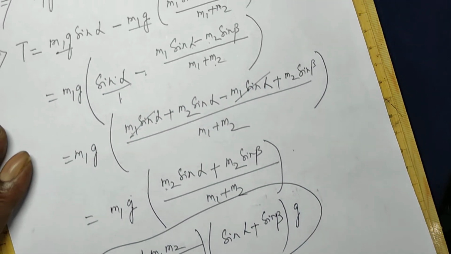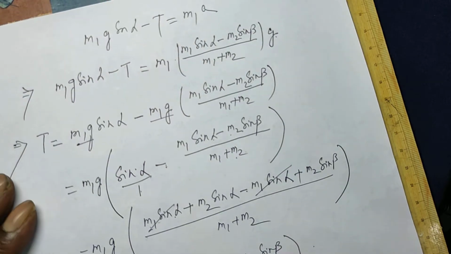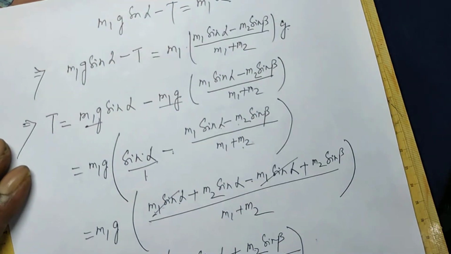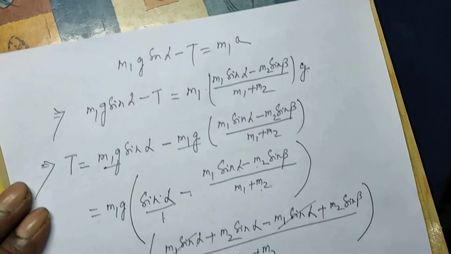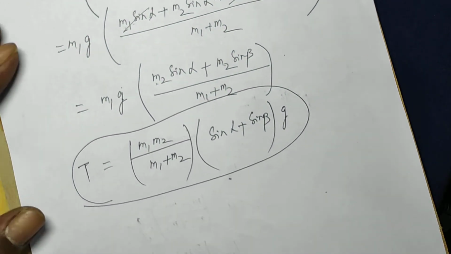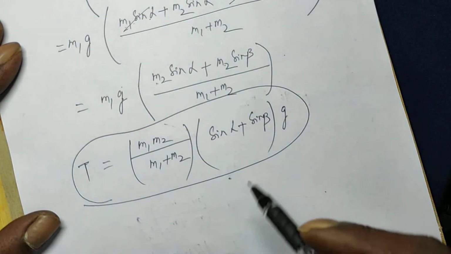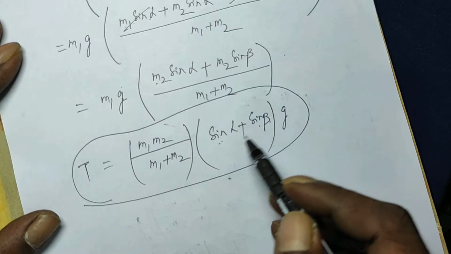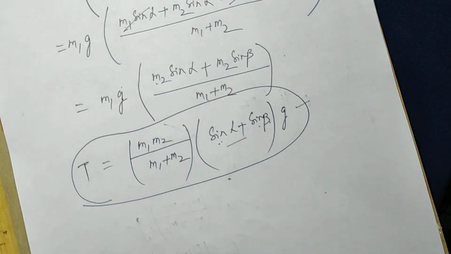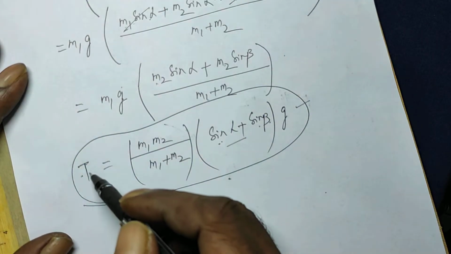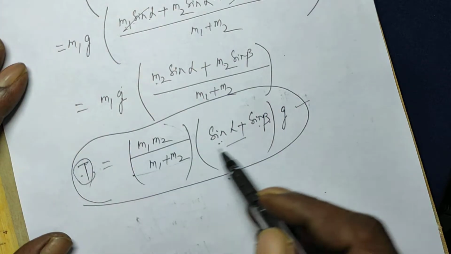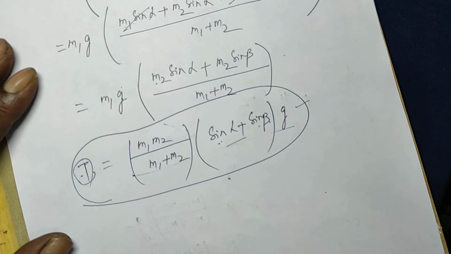Why have I arranged the terms containing M at one place, the terms containing sine at one place, and g at another place? So that it looks beautiful, because this is a tension, this is a force, so the right side must be a force, and any force is equal to mass into acceleration.